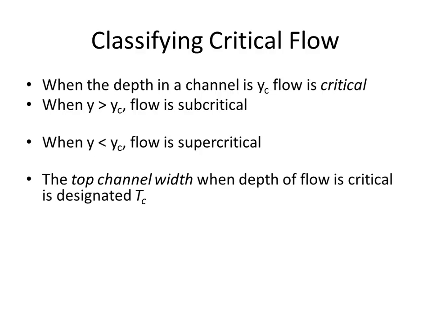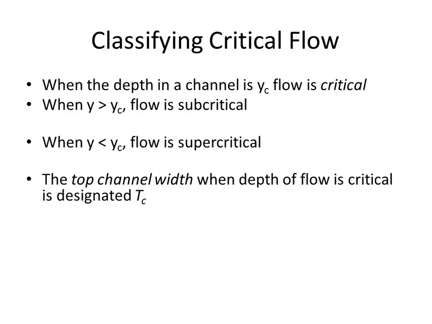So the criteria is the Froude number. That's how you can calculate whether conditions are supercritical or subcritical. One way to distinguish is the Froude number. The other is to calculate the critical depth and compare it to the depth that you're actually measuring out in the field. And then you can also classify whether conditions are supercritical or subcritical based on those measurements.